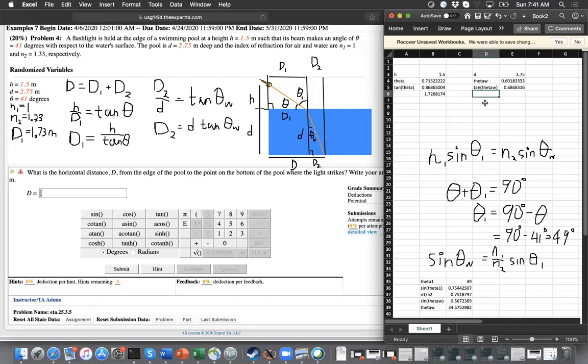Cool. And then d2, just like this is d1, equals this times this.